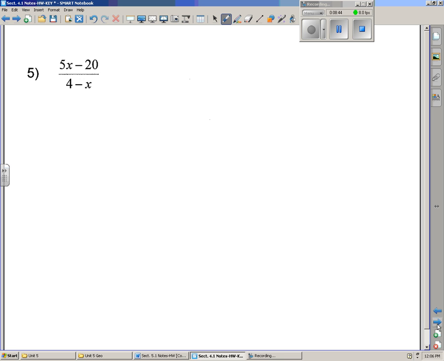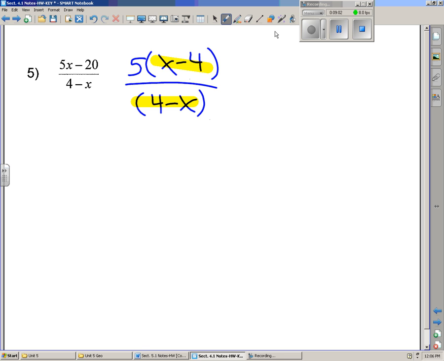This top can be factored by GCF, 5 times x minus 4. This bottom can't be factored, but it's 4 minus x. Take a look at these guys now. X minus 4, 4 minus x. These are opposites. So if we were to plug in a value for x again, just to test it, if I put in a 2 here and a 2 here, and I did the math, I'd get a -2 on the top and a +2 on the bottom.